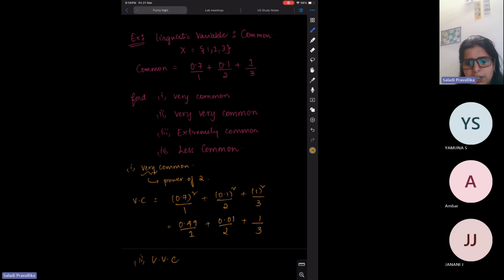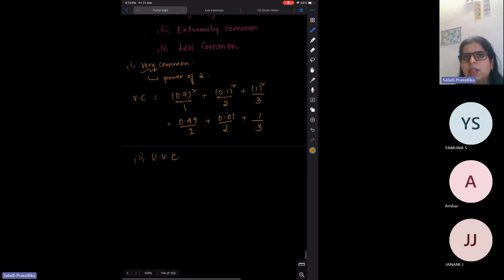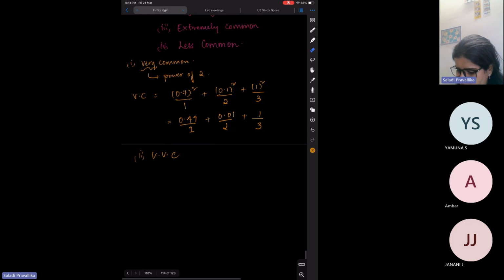Yes. Thank you, Amber. You're right. Okay. So for "very, very", we have to take 2 to the power 2, right? So we are going to take the total of power 4. So for "very", we take mu of A of x whole square for a given x.